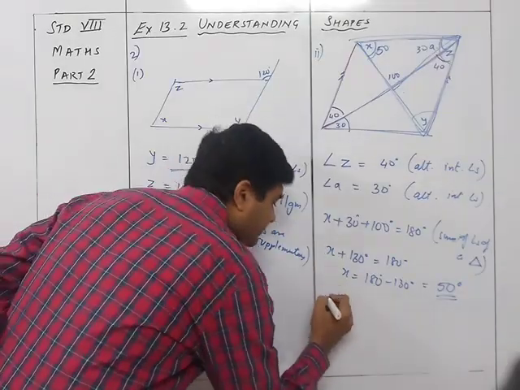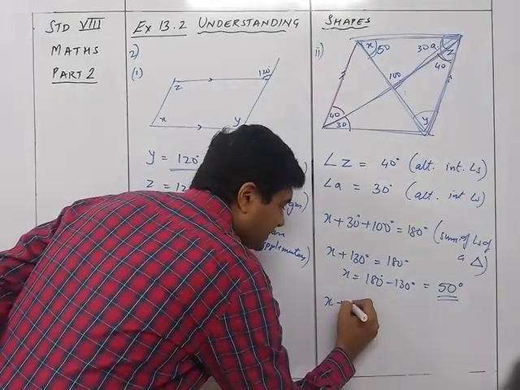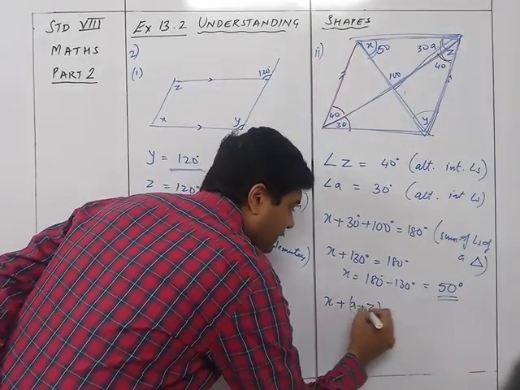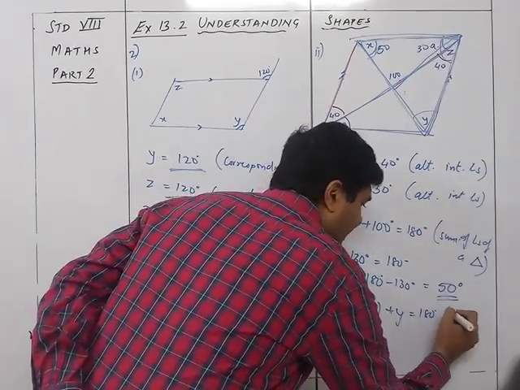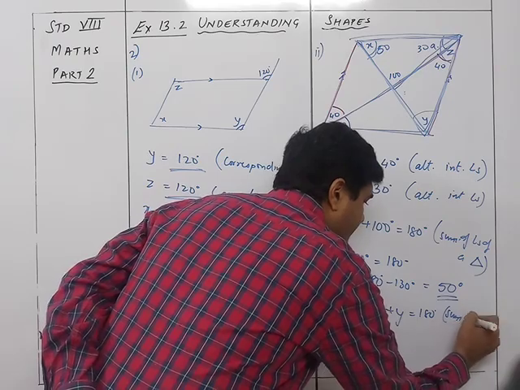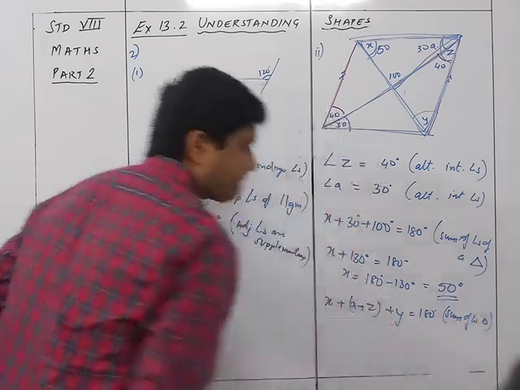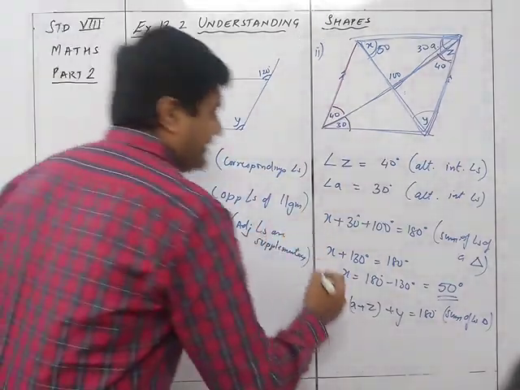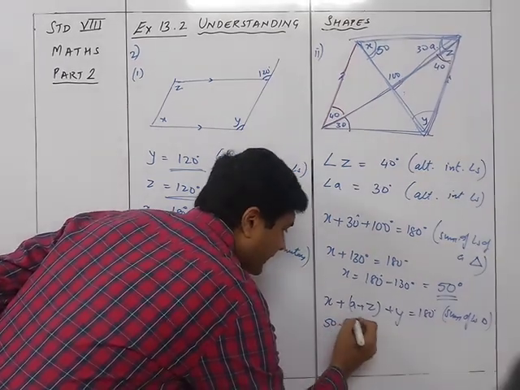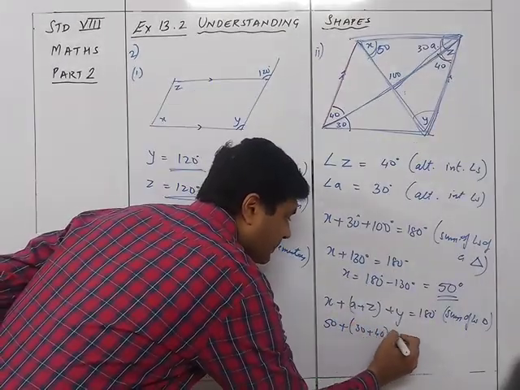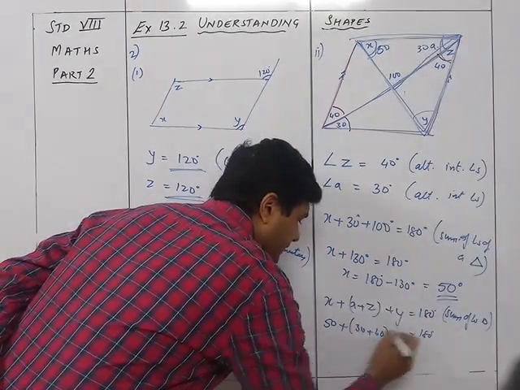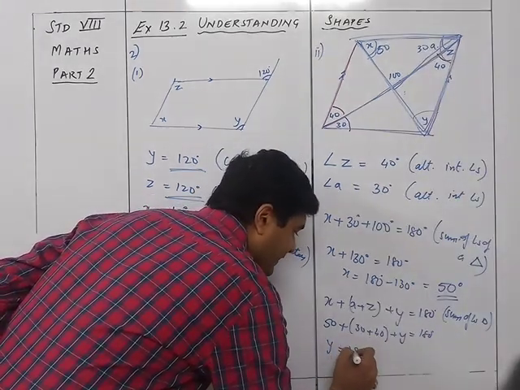We can say that x plus a plus z plus y is equal to 180 degrees, sum of angles of a triangle. x is here as 50. a plus z is nothing but 30 plus 40, plus y is equal to 180. Therefore, y is equal to 180.